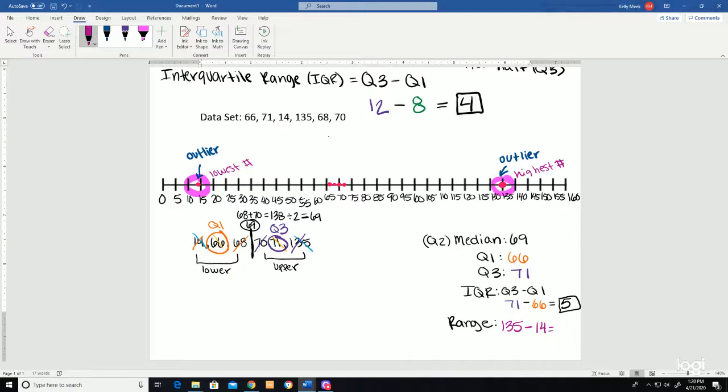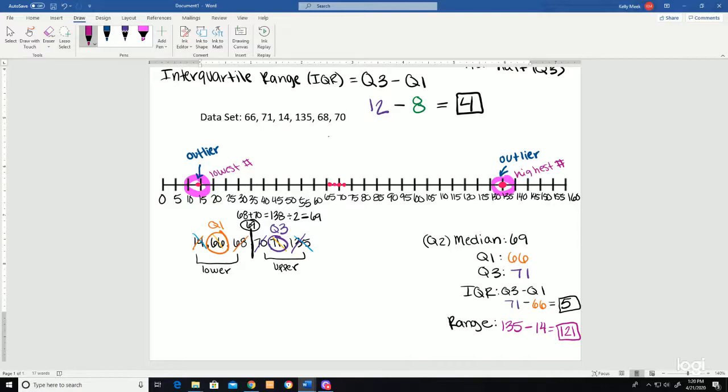Overall, the range for this data set is 121 units. So that means it's spread out a lot. The highest and the lowest numbers have a lot of distance between them. The central part of the data, the IQR, is not so much spread out, only about the distance of 5 spaces. So not very spread out, while the whole data set is very much spread out.